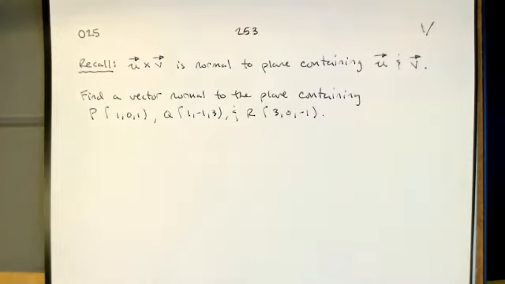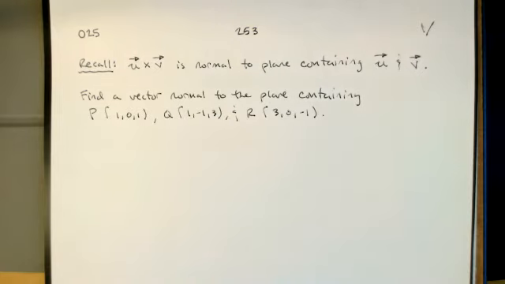Let's suppose that we have a plane containing these 3 points. 2 vectors will determine a plane, 3 points will also determine a plane, because we can take these 3 points and make 2 vectors out of them. So let's suppose we want to find a vector normal to the plane containing these 3 points.